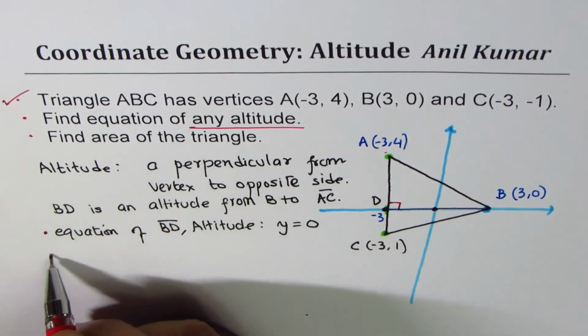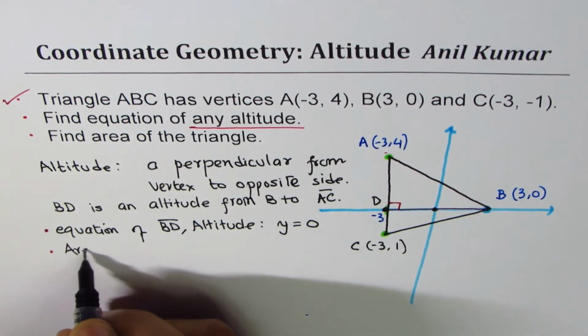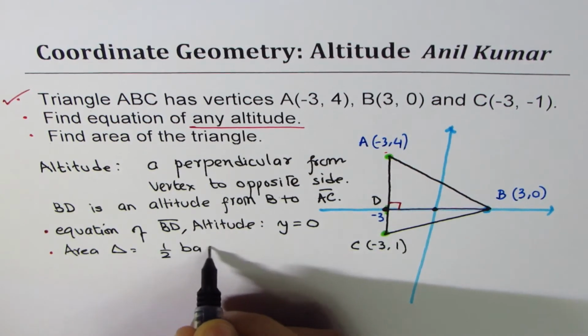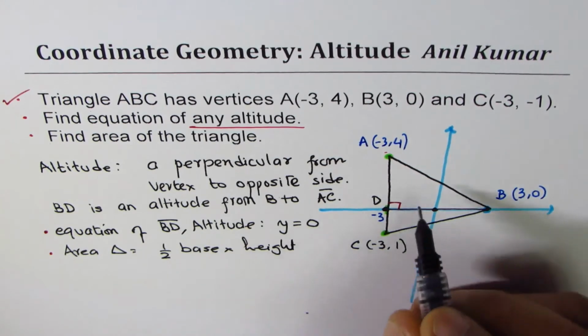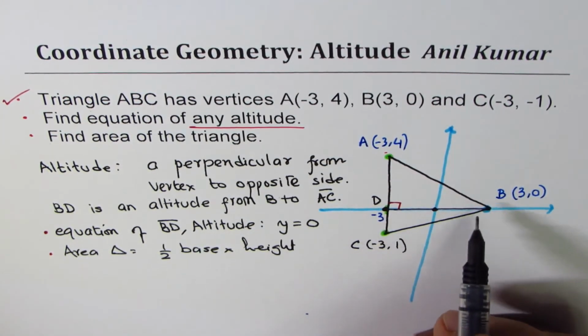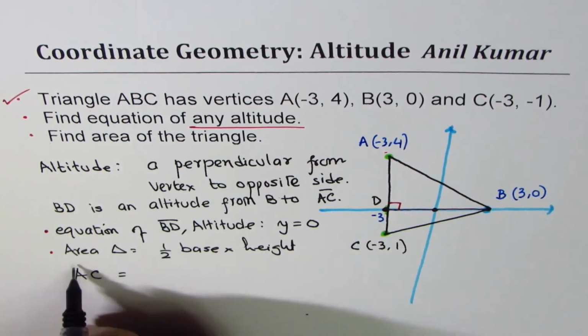Now let's find the area of the triangle. Now the area of a triangle is half base times height. Now height is this altitude distance, right, from B to D. Clearly, we can find AC from the figure itself.